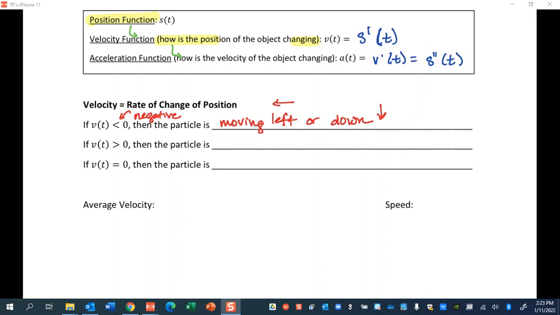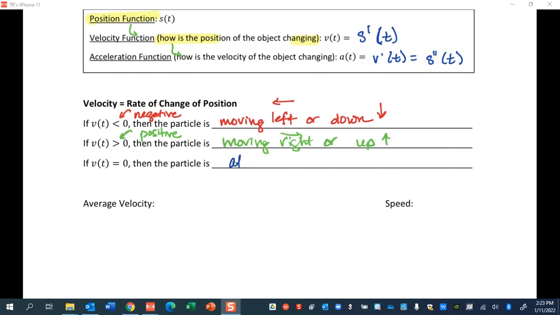Anytime that my velocity is greater than 0, that's where my velocity is positive. And that means that my particle is going to be moving to the right or up in a positive direction. At that point, when your velocity is equal to 0, then we talk about that particle being at rest.